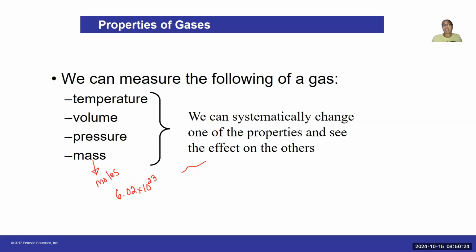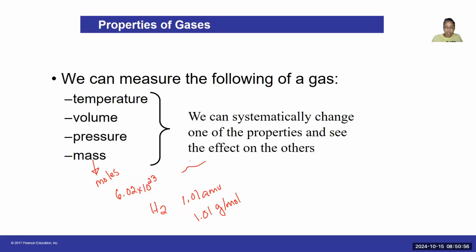And depending on what the gas is, let's say we were looking at hydrogen gas, we look at the periodic table: for every 1 hydrogen atom, it's 1.01 AMUs. We can also say that 1 mole of hydrogen on the periodic table is 1.01 grams per mole.